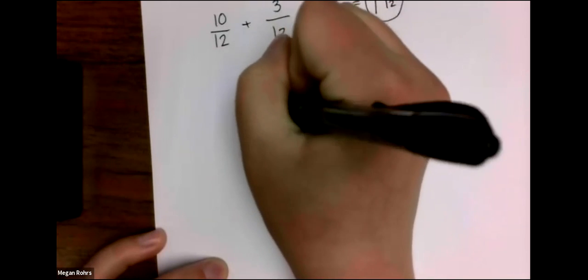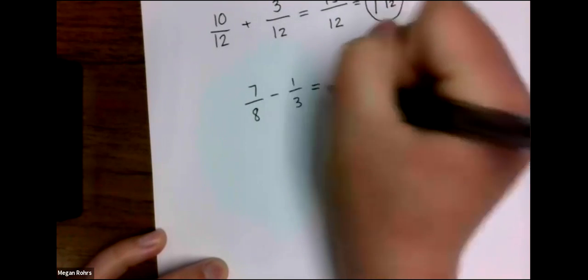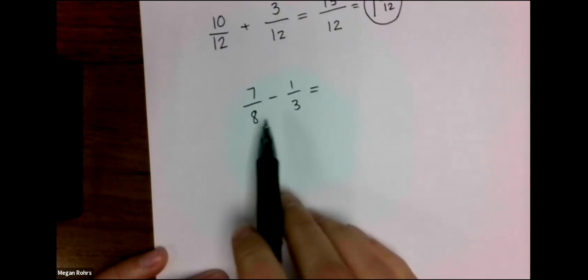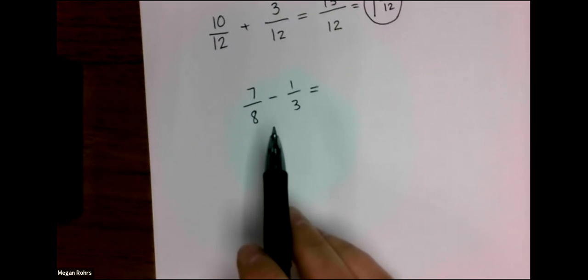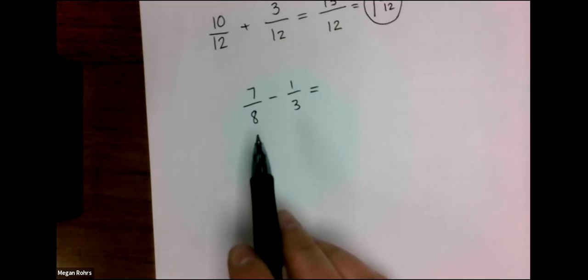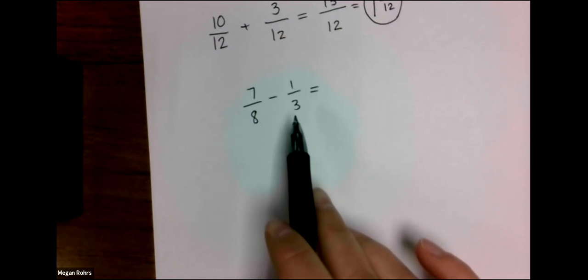Let's do one more example like that here. Let's say 7/8 minus 1/3. So once again, my denominators are not the same. I need to find a lowest common denominator. It really doesn't even have to be the lowest common as long as you find a number that both of these numbers will go into.